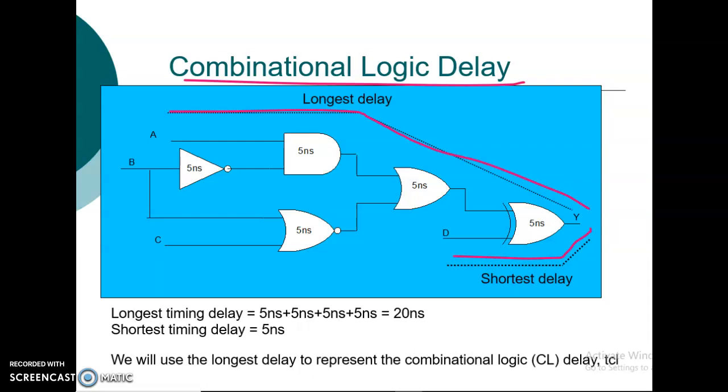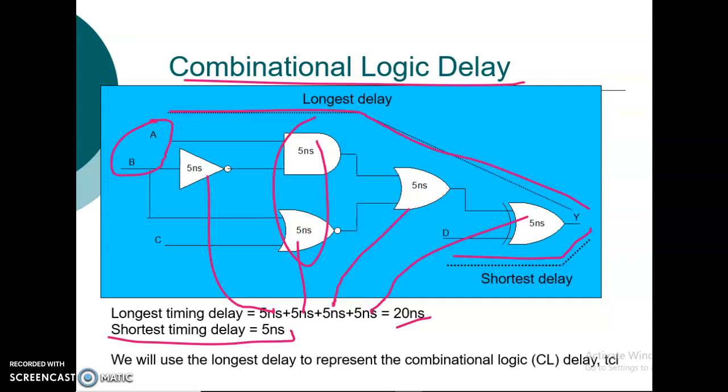A and B are the inputs. Counting the longest delay: 1, 2, 3, 4, 5 nanoseconds, and so on through the stages, so the longest path lasts 20 nanoseconds. The shortest time delay is this one; the longest time delay is from here to here.